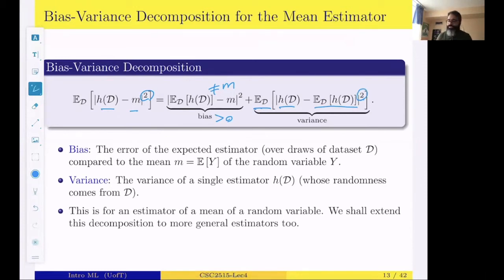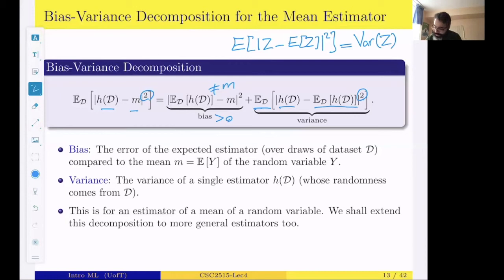Just to remind you, I think I wrote it twice today, but maybe it helps to have it handy: the expectation of some random variable, let's call it z, minus the expectation of z, the whole thing squared, is the definition of variance.